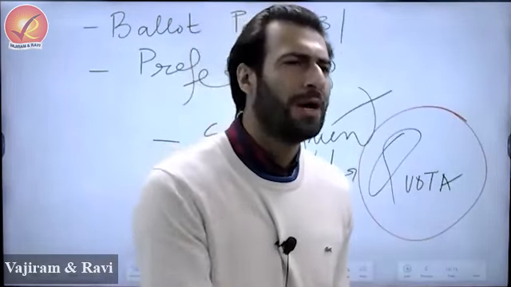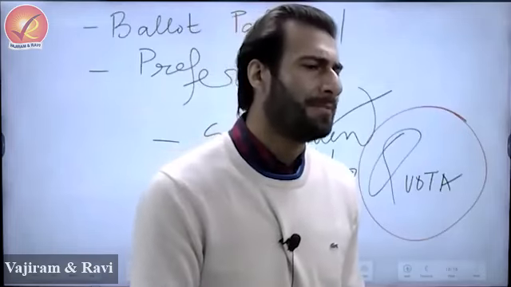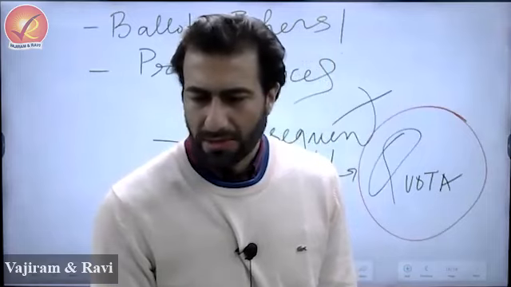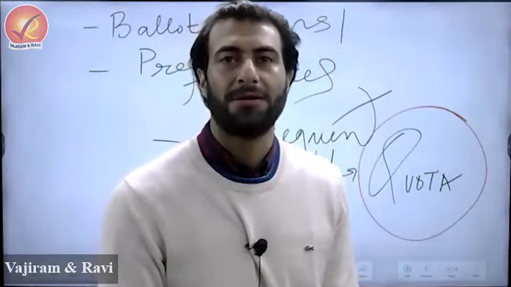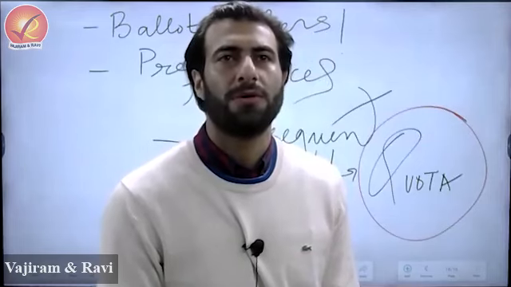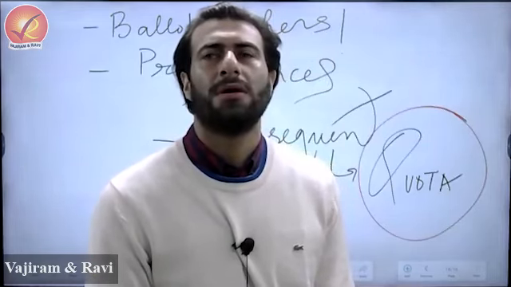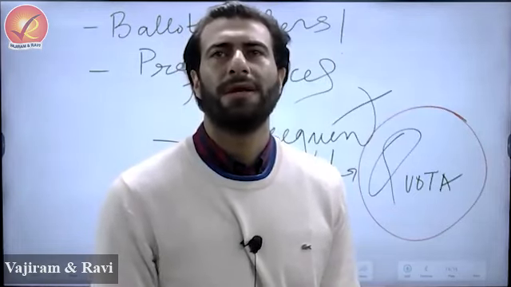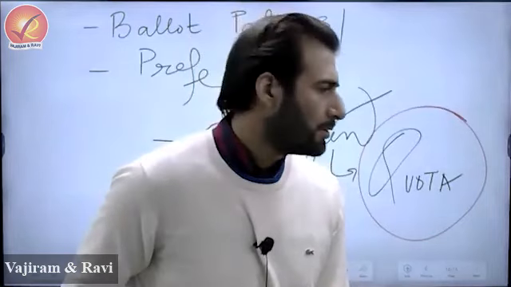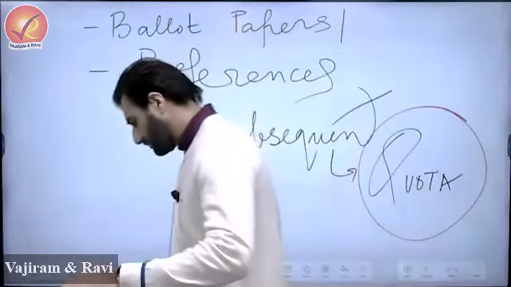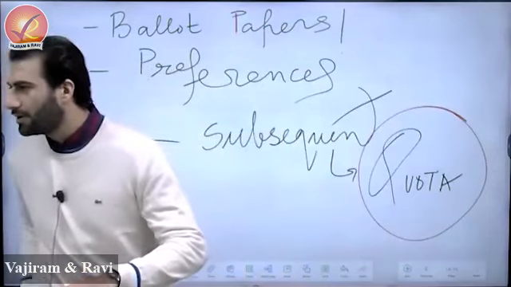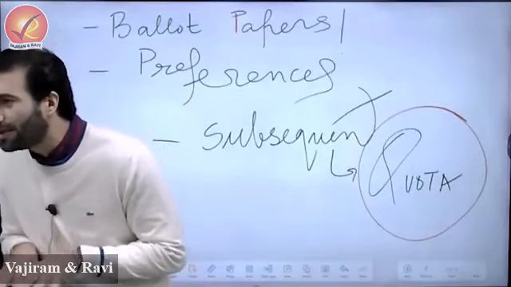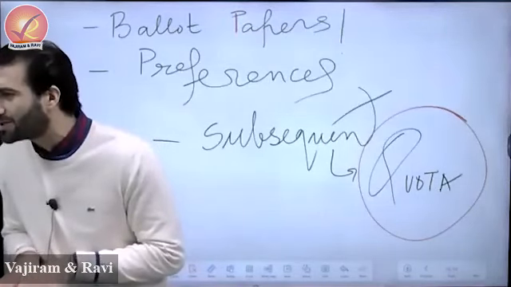You just also write down the following assumptions have been made to understand the process. Quickly, the following assumptions have been made to understand the process. All of you, be attentive. I am making these assumptions to explain this counting process and thereby explain single transferable vote.